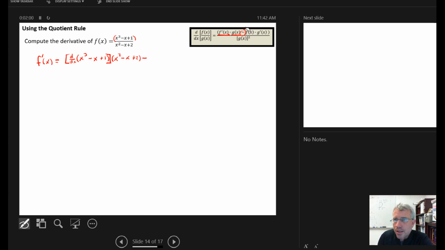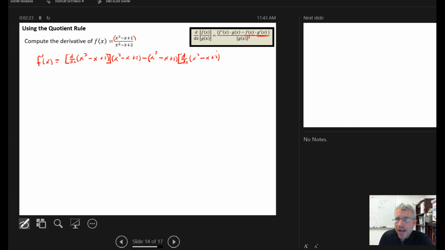Now take the numerator function. So here's my numerator function, x cubed minus x plus 1. And it says multiply that by the derivative of the denominator function. So take d dx of the guy in the denominator, x squared minus x plus 2.